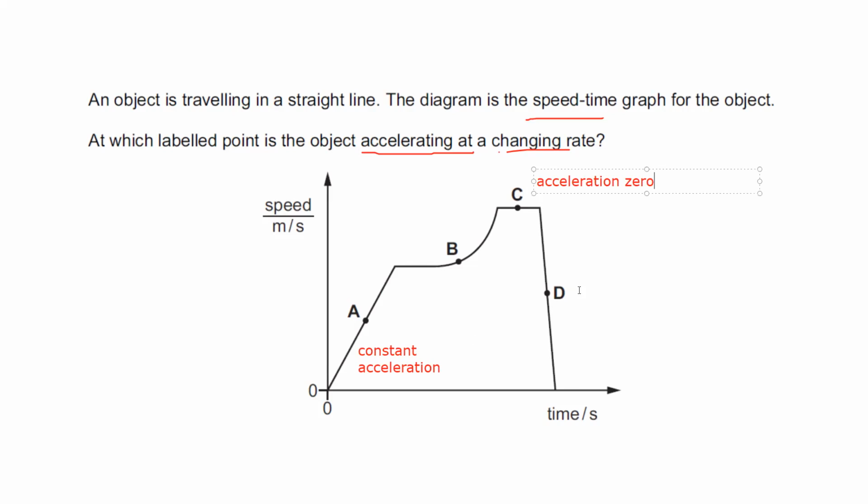At D, deceleration is constant. But the question is, at which part is acceleration increasing or changing its rate? So at point B, the acceleration is increasing. That is why B is the right answer for this. Is it clear to everyone?